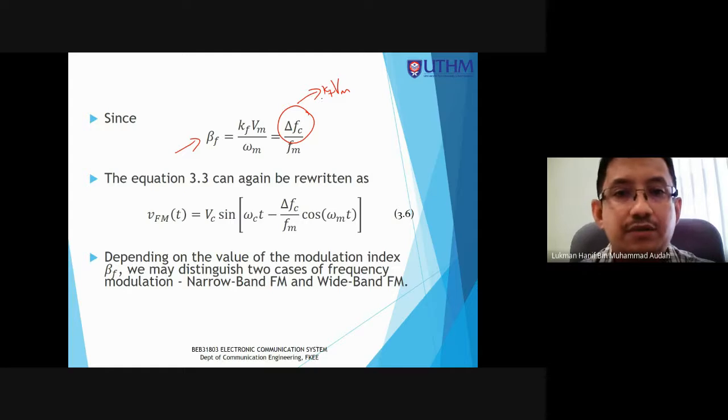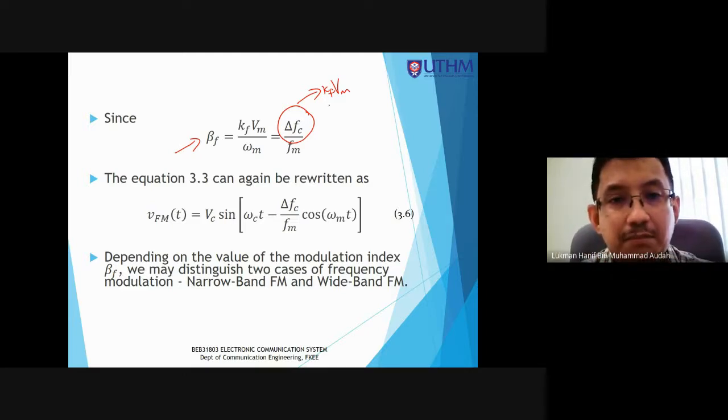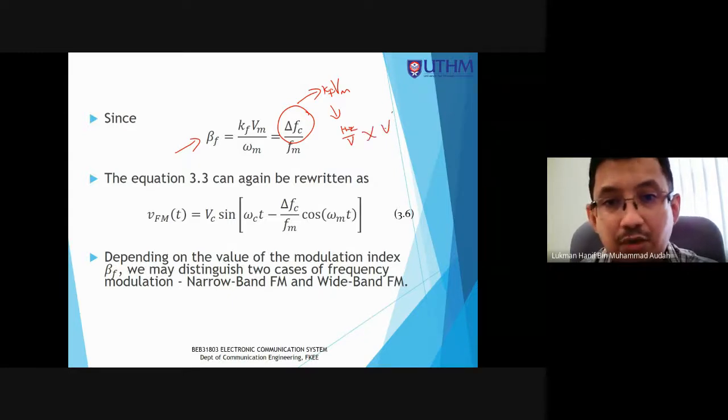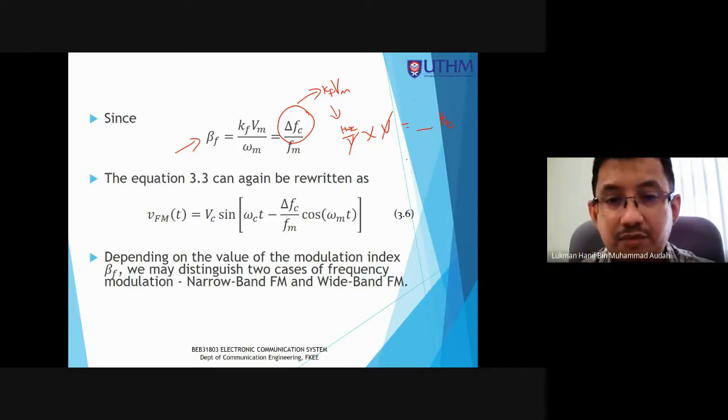Remember that in this case kf must be in terms of hertz per volt. And when we multiply with volt, we will produce a parameter in hertz, which is the frequency, which is delta f.